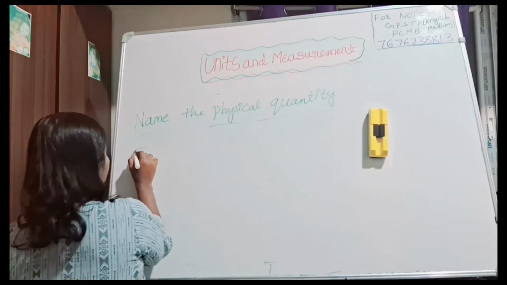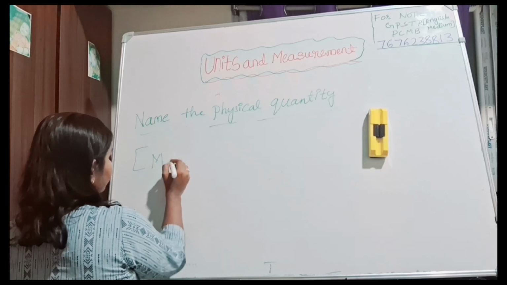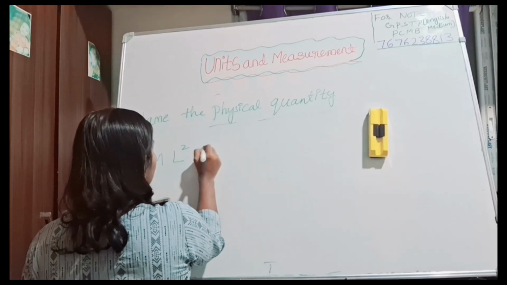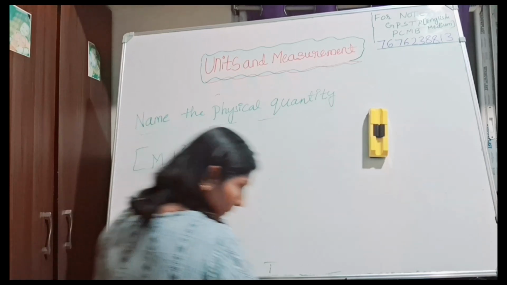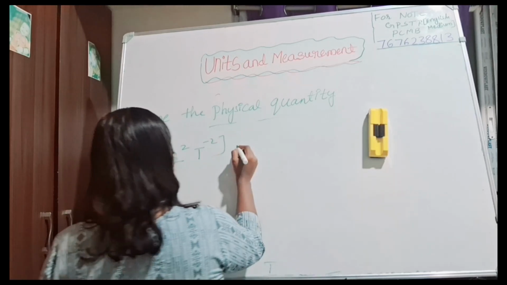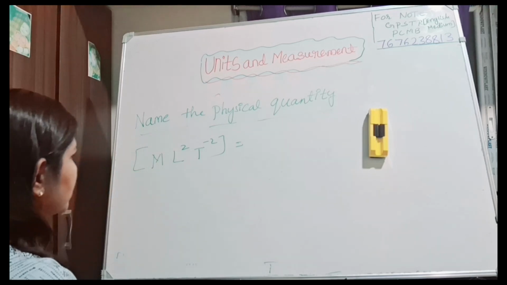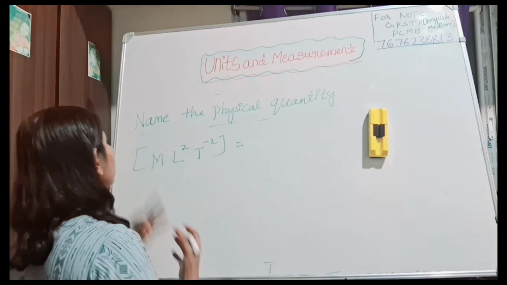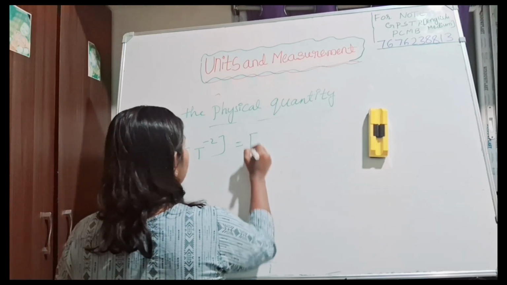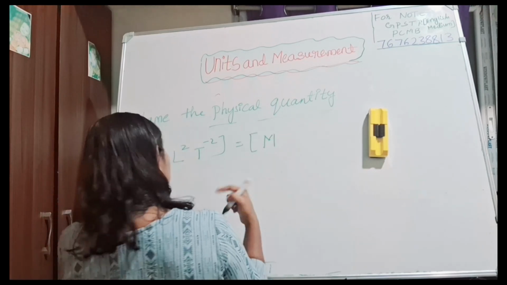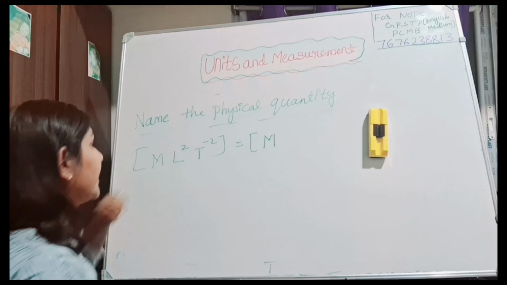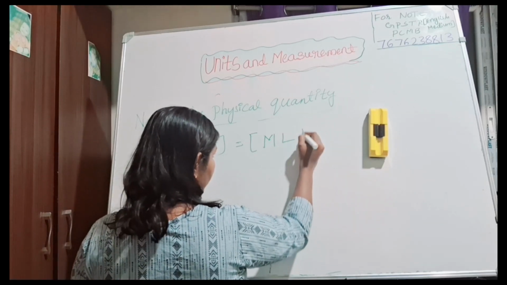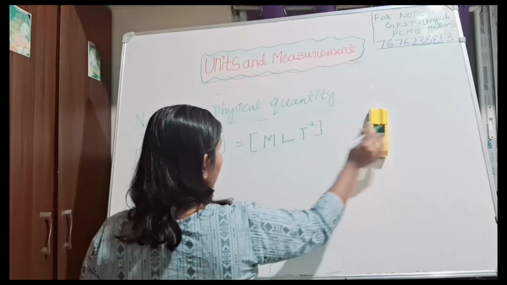For example, M L raised to 2, T raised to minus 2. First you should remember some basic physical quantities' dimensions. Then you can write this. M means definitely kg. Next I will write one L and T to the power of minus 2, and I will write L here.